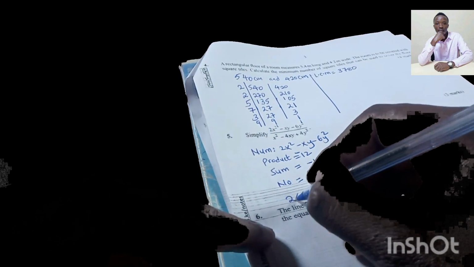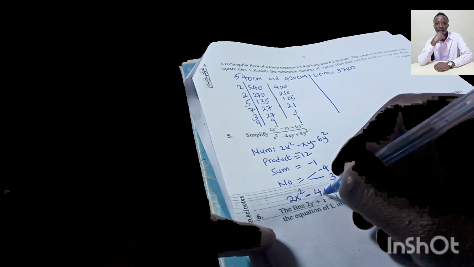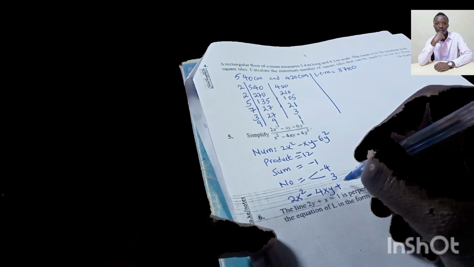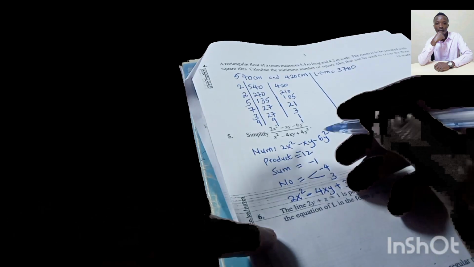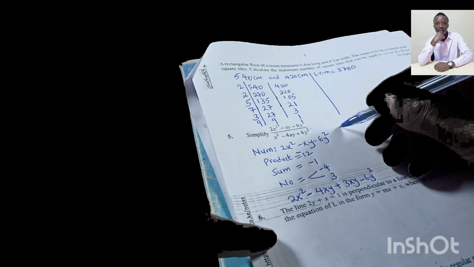We have 2x squared, and we replace the middle term with the factors: minus 4xy plus 3xy, then minus 6y squared. We can now proceed to factorization.